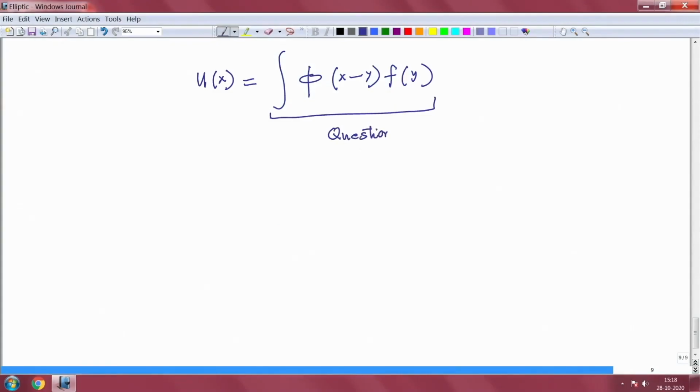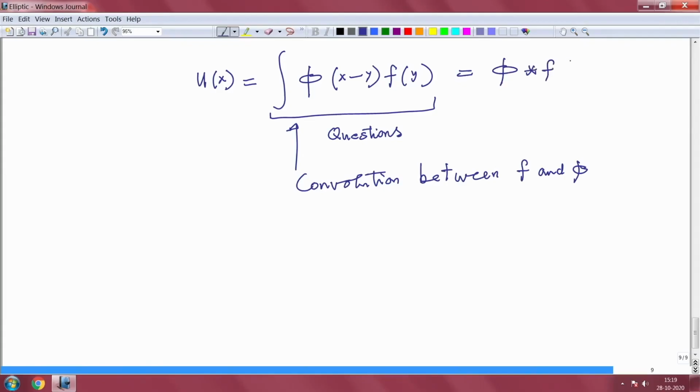This is called the convolution of f and phi, denoted by phi convolution f. I am not sure this has a finite value, but let us symbolically introduce the convolution operator.